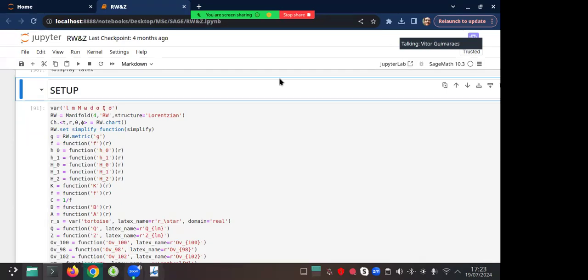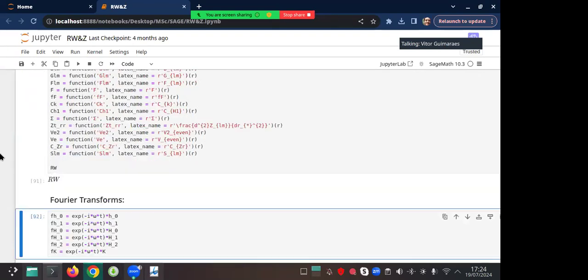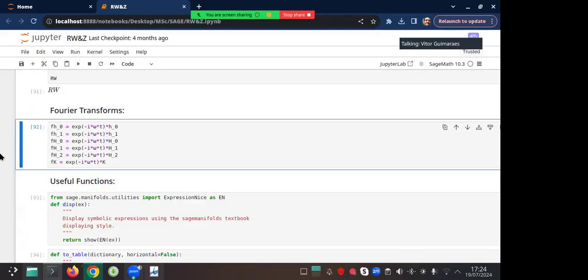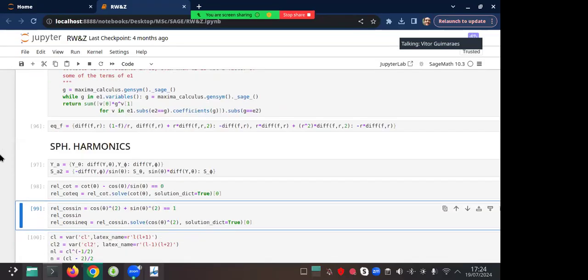Okay, so here are the functions that I need to define. Nothing special. The Fourier transform functions, because we want to deal with only the Fourier part. So here we define these spherical harmonics.